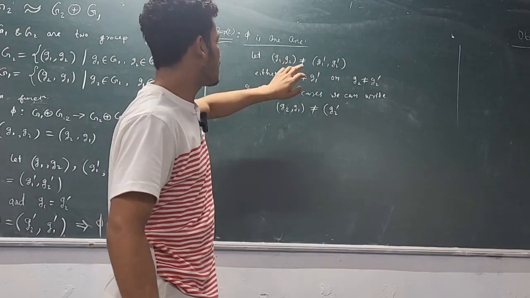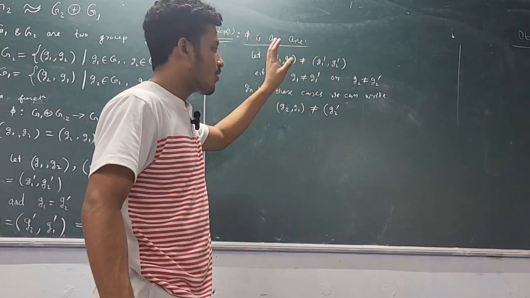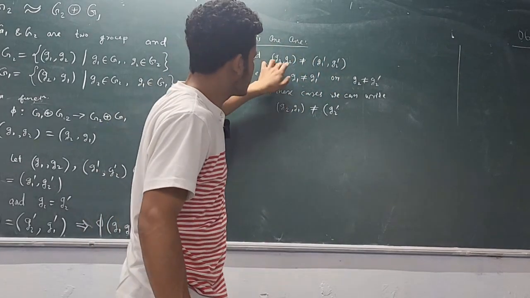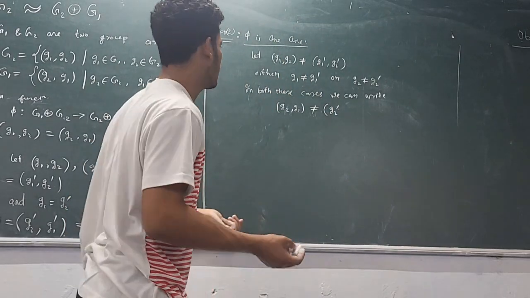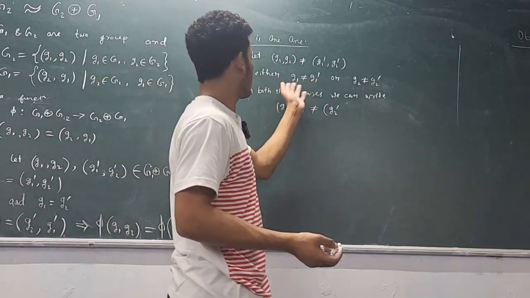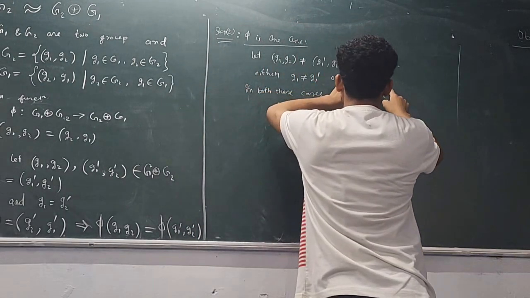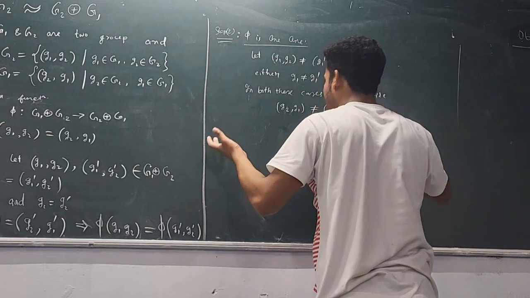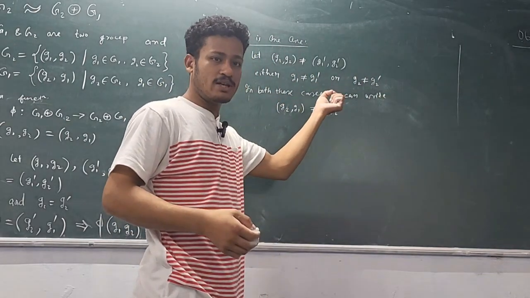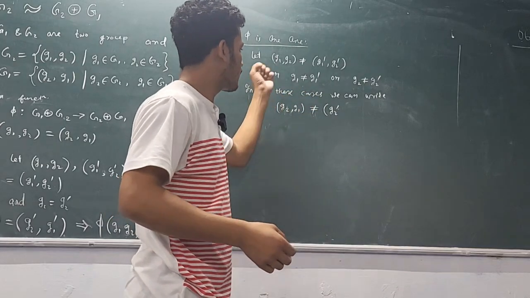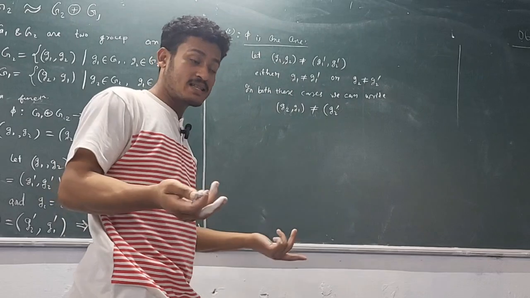These two are not equal, that means either this is not equal to this, or this is not equal to this. And another condition is also these two things happen simultaneously. Okay, this is not equal to this and this is not equal to this. In that case, it is also happening.